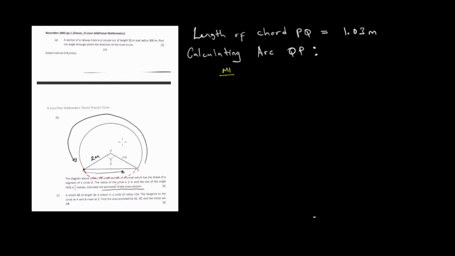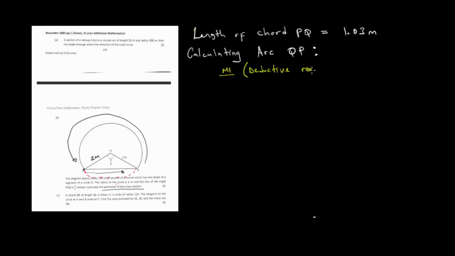So if we take the perimeter of the whole circle subtracting the length of the small arc, we remain with the big arc. This is what they call deductive reasoning. So the first method we are going to be employing is what is called deductive reasoning.